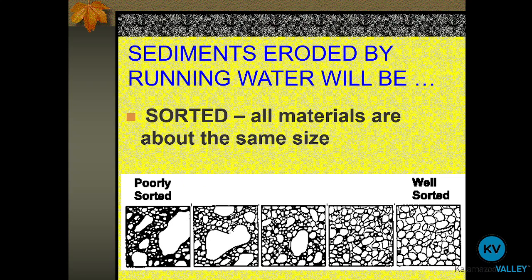What about sorting? Well, again, the more weathering and erosion that occurs, the more well-sorted a sediment will be. And that's because close to the source we may have a deposition of a range of sediment sizes, but as it's carried further and further in different energy level systems, it's likely that it will deposit out similar sized particles.